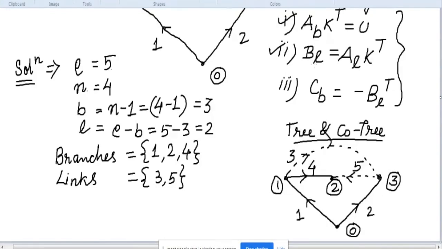The upper portion will be B suffix B and the lower portion will be B suffix L. We are interested in the lower portion, B suffix L, and once we get this BL, we will be able to prove the second identity, that is BL is equal to AL into K transpose. For that we have to draw the graph once again.